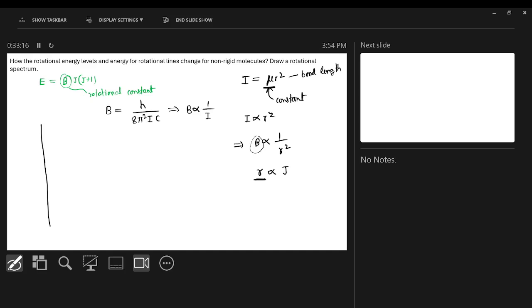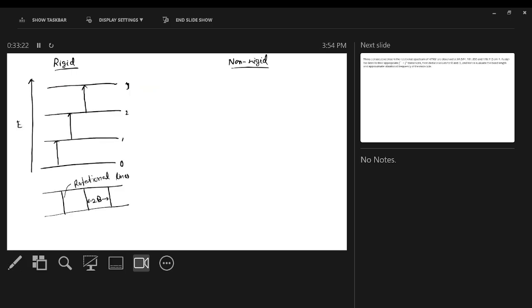When B decreases, this energy decreases. So the energy of every rotational energy level will decrease. Let's say the energy of this level will decrease like this, it will decrease like this, and it will decrease like this.